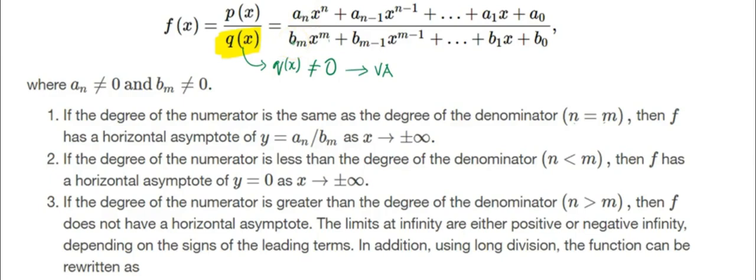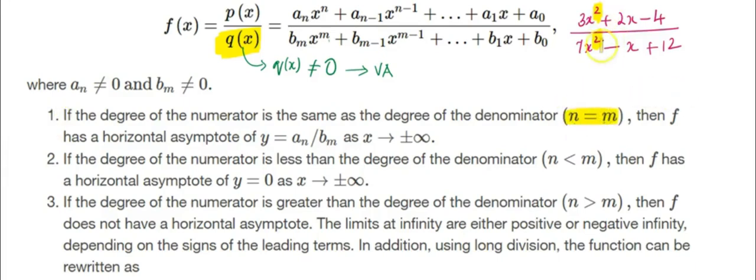I'll just give a quick example of that. Let's say your rational function was 3x squared plus 2x minus 4 divided by 7x squared minus x plus 12. Something like this. So here we are interested in comparing the degree. The degree is the same. We're looking at the first condition, right? So n equals m.